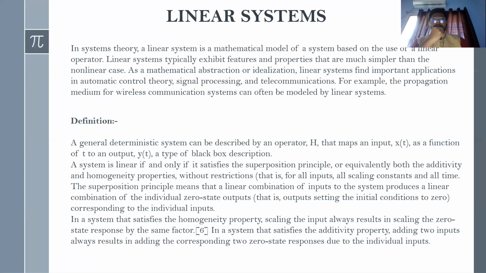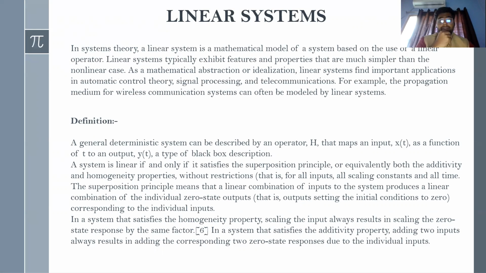As a mathematical abstraction or idealization, linear systems find important applications in automatic control theory, signal processing, and telecommunications. For example, the propagation medium of wireless communication systems can often be modeled by linear systems.